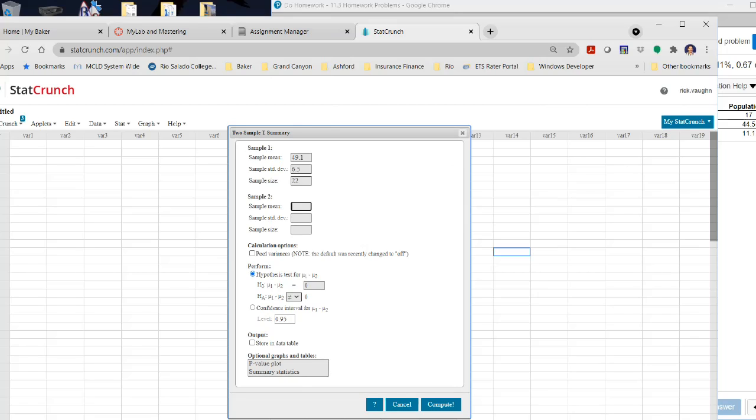And for number 2, I have 44.5 for the mean, 11.1 for the sample standard deviation, and 17 for the N. All right, so that's just entering the data.